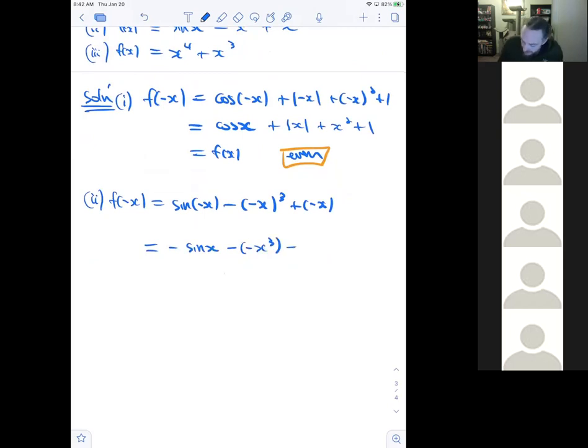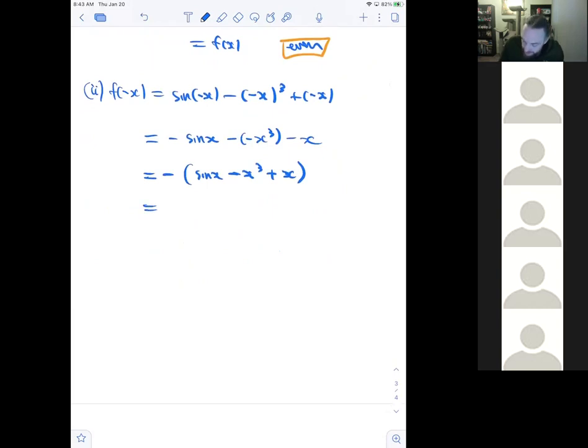And then minus x. I have a negative in each term, so I'm going to factor the negative out. Negative sine x minus x cubed plus x. That's negative f of x. So we get an odd function.